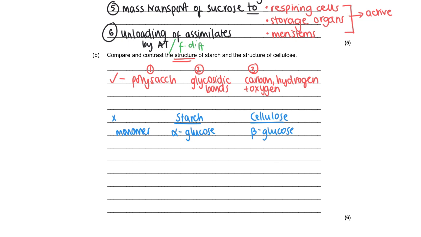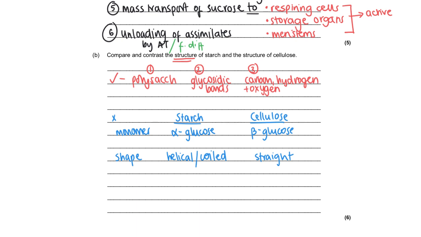But what does add to the answer is the shape of the molecules. So starch is helical, or you could have said it's coiled, whereas cellulose has straight chains. We're going to get into the fibrils and stuff later on.